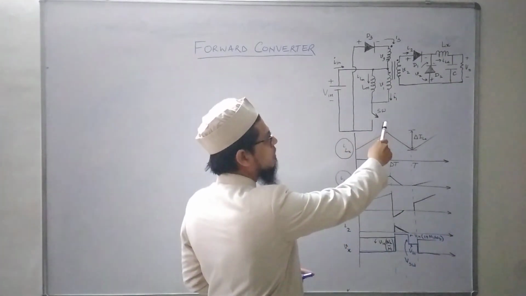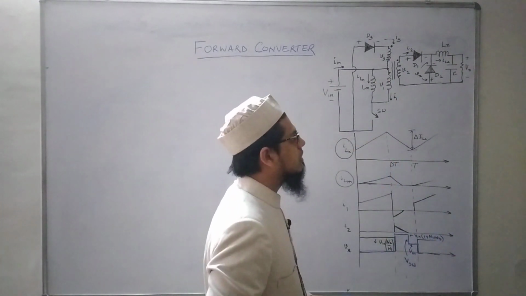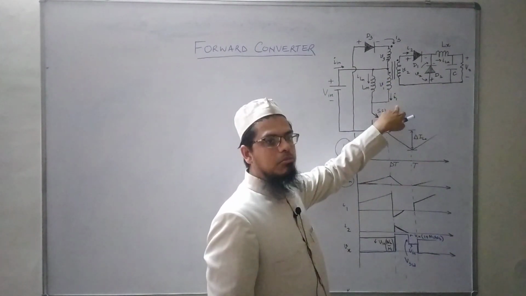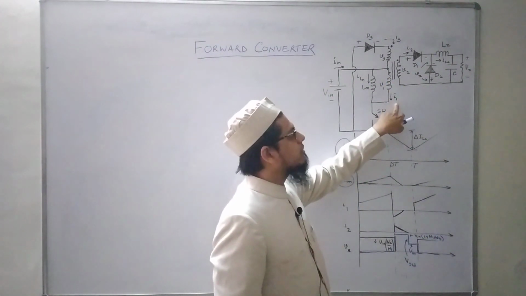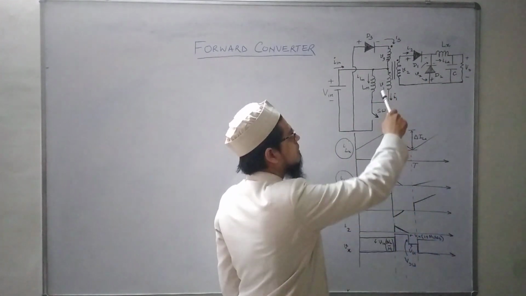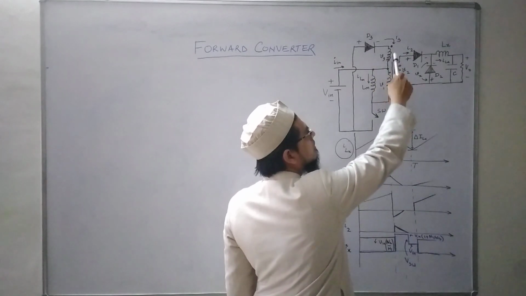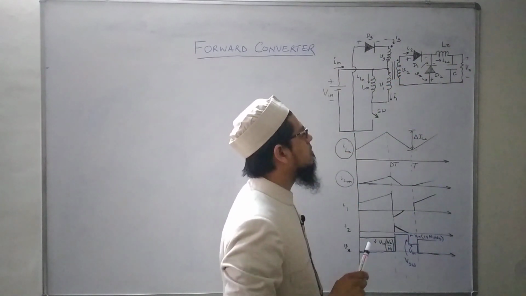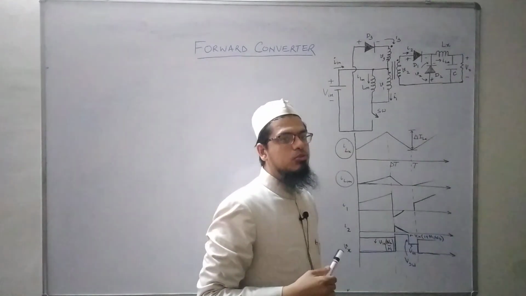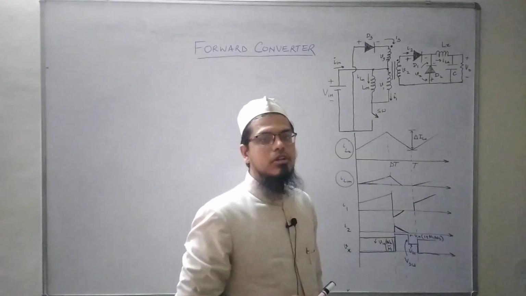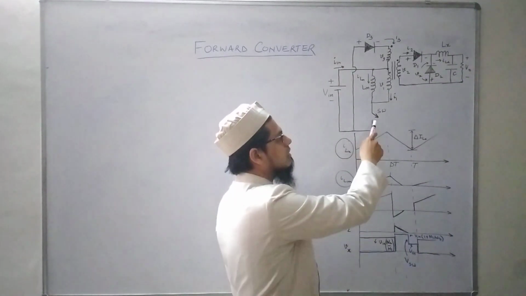This is the forward converter. We have the special transformer, which is the high frequency transformer. In addition to the two windings, we have another winding here in the forward converter, and this is basically used to demagnetize the core of the high frequency transformer when the switch is turned off.